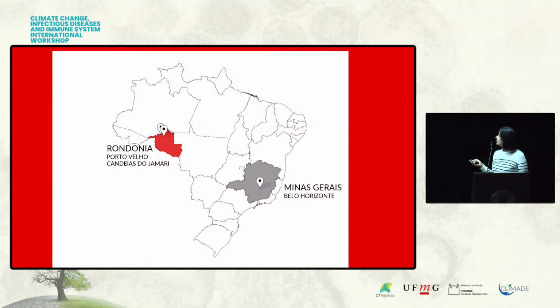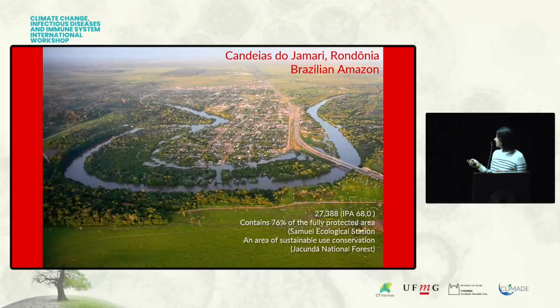And to do that, we already worked in an endemic area here in Porto Velho with symptomatic malaria, and we started to work with asymptomatic malaria in Candeias do Jamari. So Candeias do Jamari is here, and it was a perfect place to start this project.